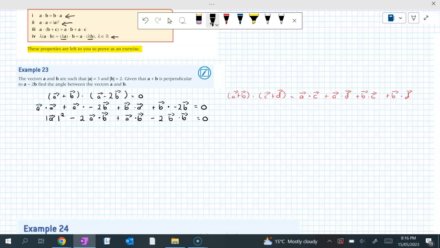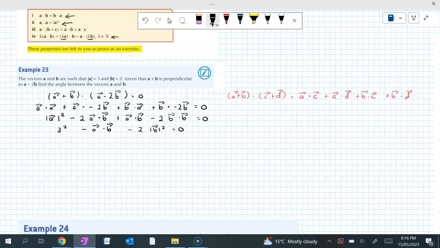Okay, now the modulus of a squared, well, the modulus of a is 3, so that's 3 squared. Minus 2a dot b plus a dot b is minus a dot b, collecting like terms, and minus 2b dot b is minus 2 modulus of b squared.